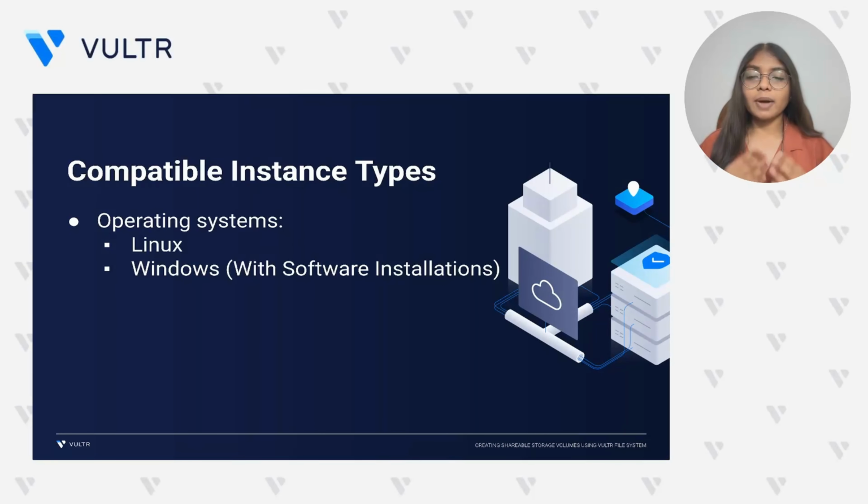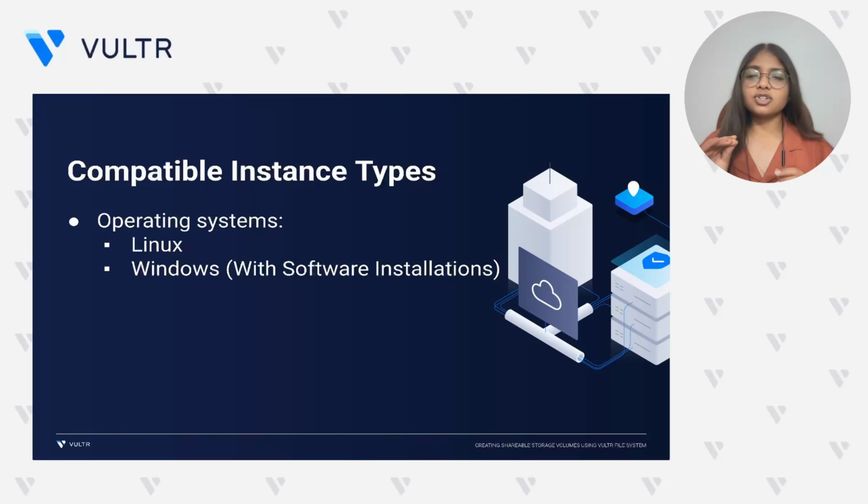Now let's talk about which instances can leverage Vultr File System. Vultr File System is fully compatible with Linux-based instances. Most modern Linux distributions include built-in support for Virtiofs, so you can easily mount shared volumes with minimal configuration. This makes Vultr File System a great choice for applications running on Ubuntu, Debian, Alma Linux, or any other Linux distribution present on Vultr.